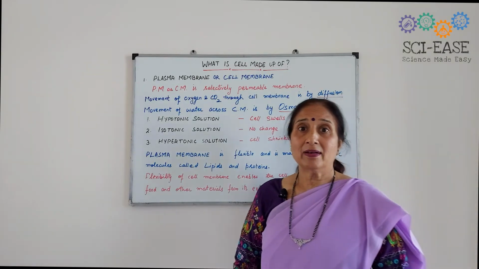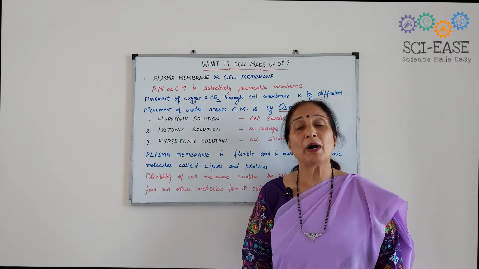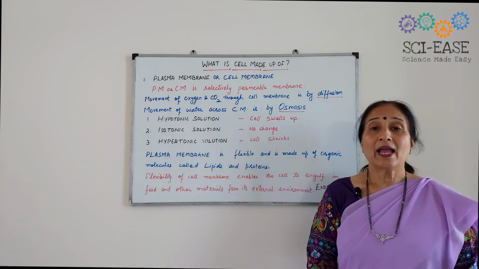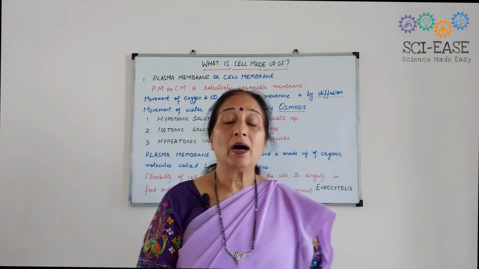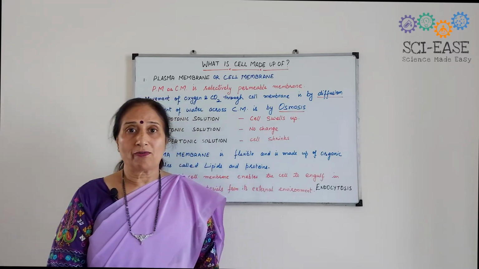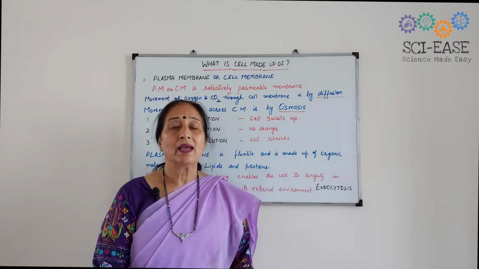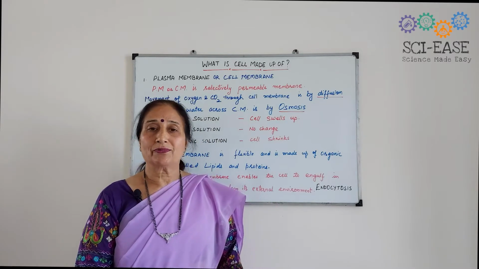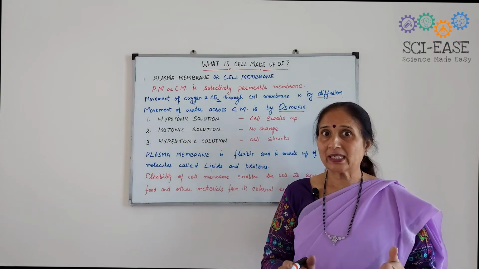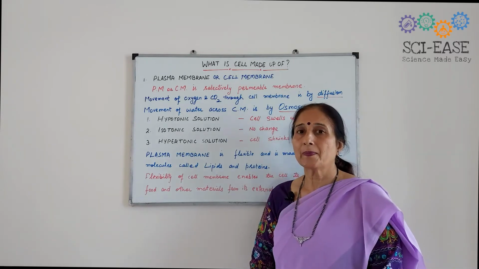Plasma membrane is the outermost cover, the outermost boundary, you can say, in all types of cells. This membrane allows the entry or exit of certain materials or substances in or out of the cell. So it will restrict the movement of some substances also.